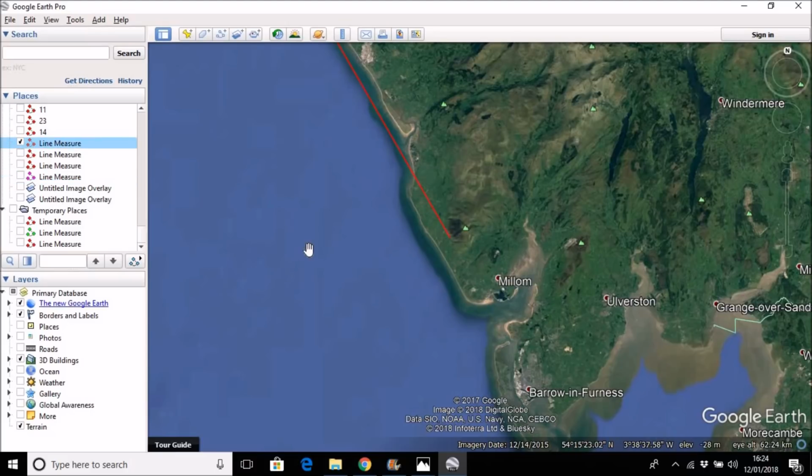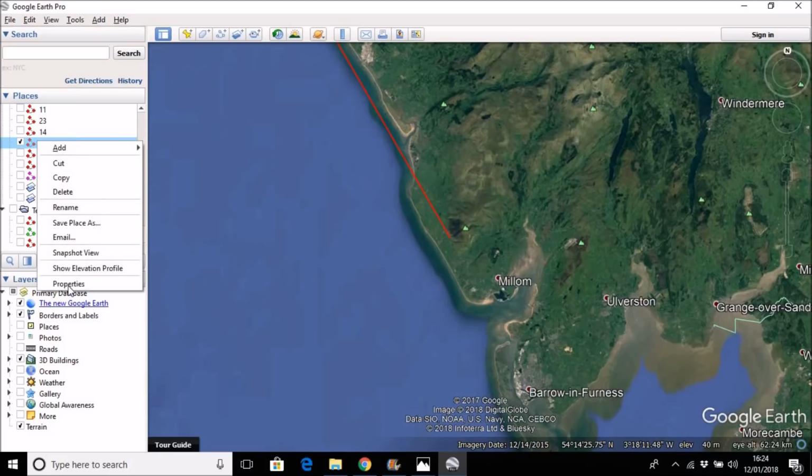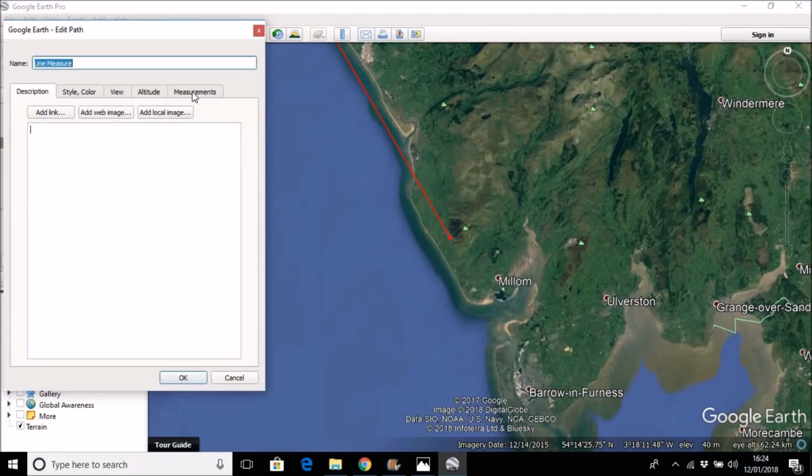Now, if I put in the line to the base of the Blackcomb Hill here, and we look at the distance involved here, we have 32 kilometers to this point.